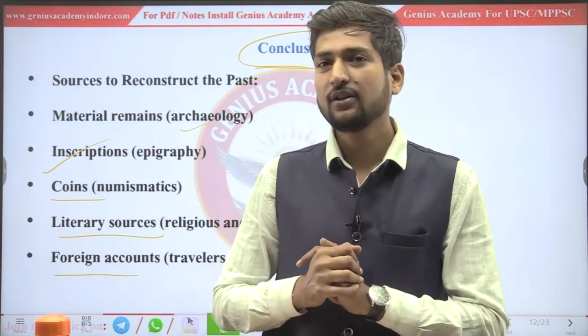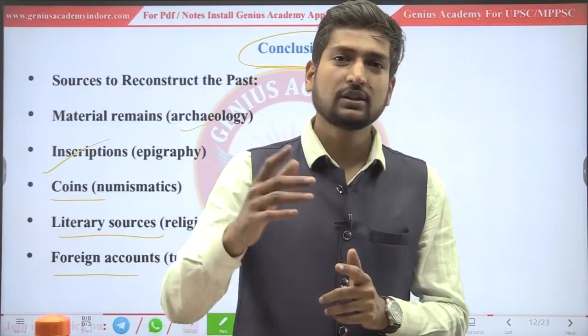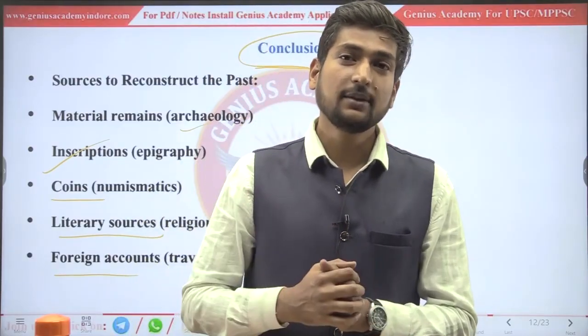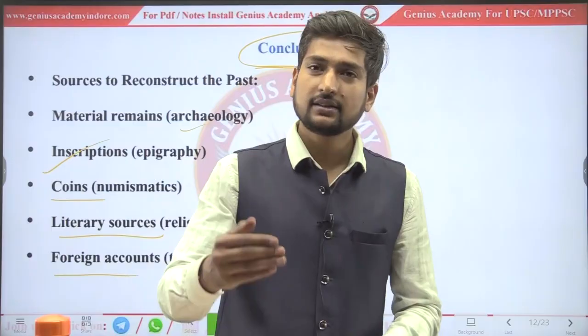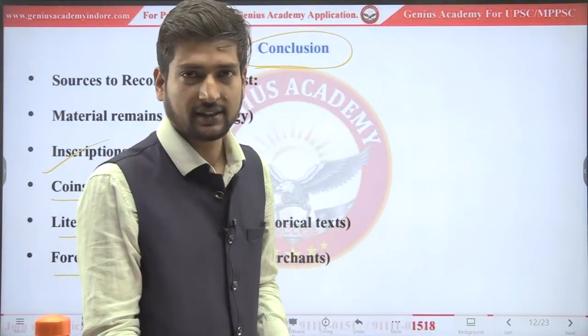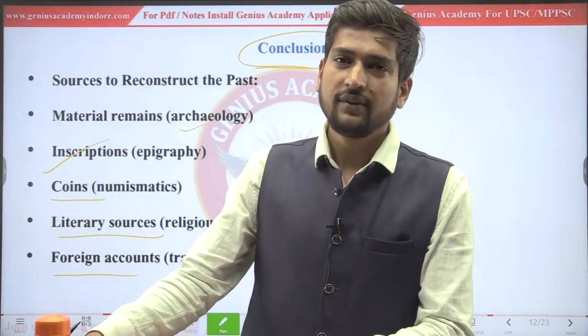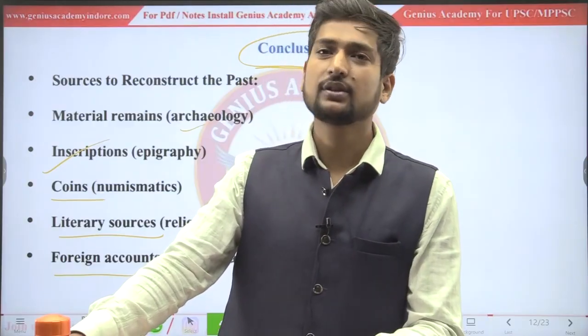If such a situation arises in front of a historian, what do they do? They see some other resources also. They see the literature written by the court poets of both the kings, so that they reach a conclusion after that. Foreign accounts: by foreign accounts, we can also know the social, religious and economic condition of our society of that period.